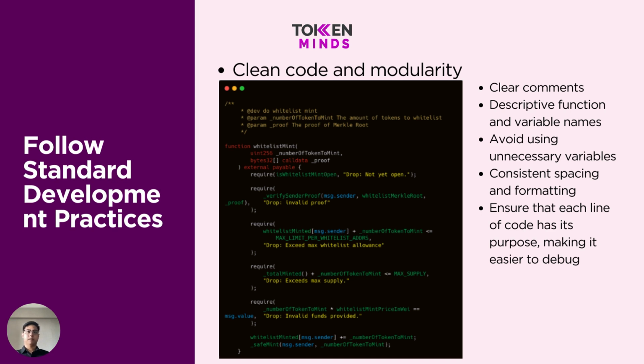Some of these are having clear comments in your code and using descriptive function and variable names, avoiding use of unnecessary variables, and consistent spacing and formatting for easier readability, and making sure that each line of code has its purpose, making it easier to debug.